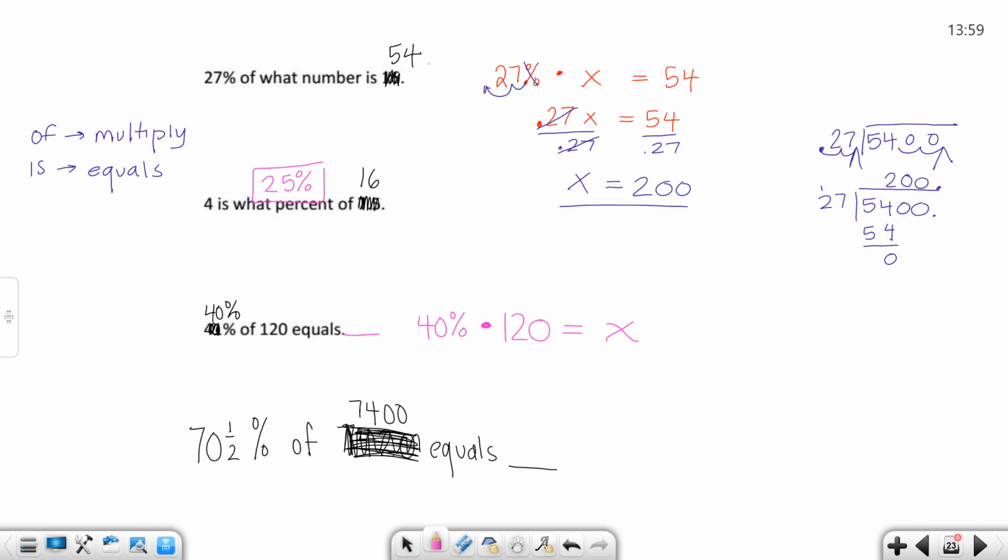So remember that 40%, to change that to a decimal, I'm going to drop the percent and move it 2 places to the left. So this is going to say 0.40 times 120, and that's going to be my value. 120 times 0.40. Now 0.40 is the same thing as 0.4, so that makes it a little bit easier to multiply.